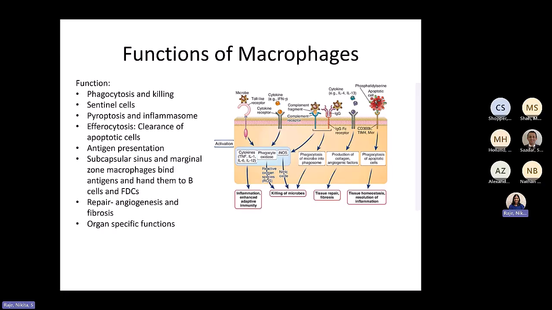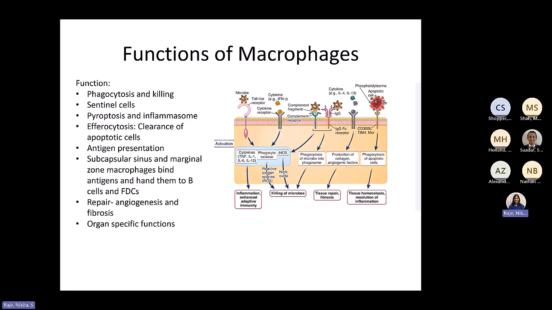But if those dead cells continue to stay in the circulation or in the tissues, they can release the chemicals or enzymes that are present in them and cause damage to the tissue. To prevent that, these macrophages are pretty much like garbage disposal, collecting all the cells that are dead, and that process is called efferocytosis.